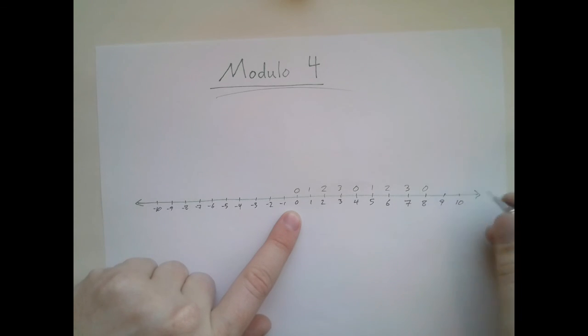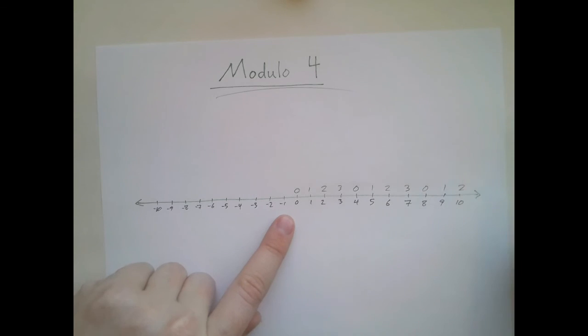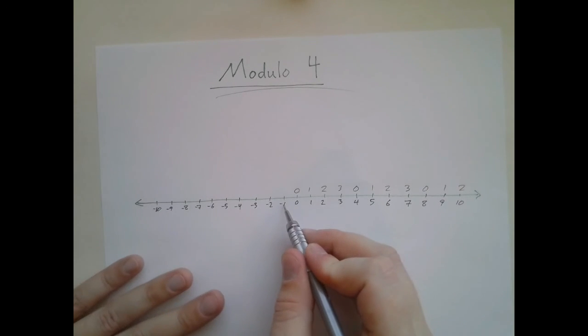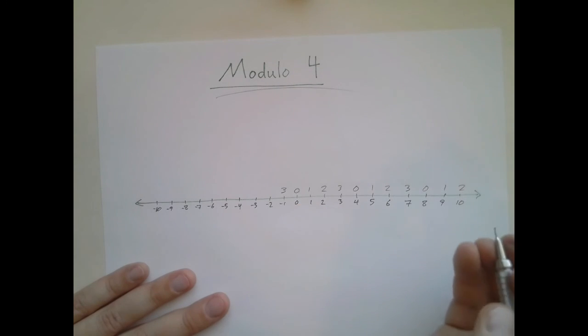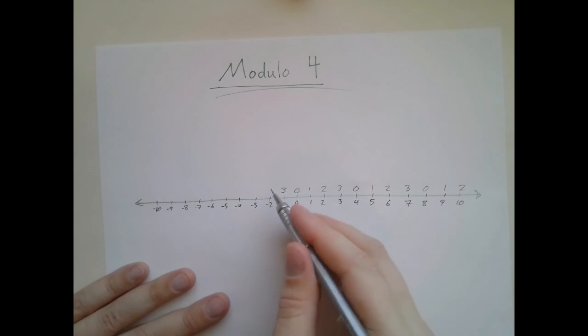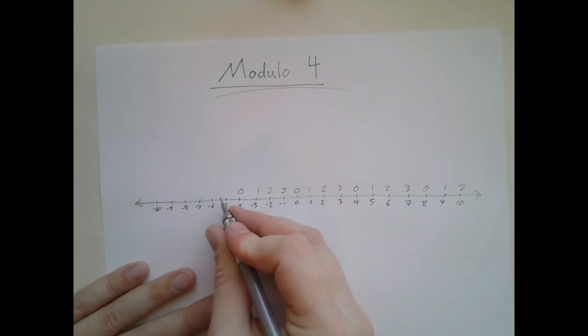8 minus 4 is 0. 9, you can subtract two 4s, and that would be 1, and it keeps going like that. Negative 1 plus 4 would be 3. Negative 2 plus 4 would be 2, and it just keeps going that same pattern.